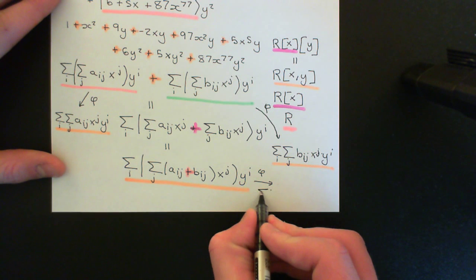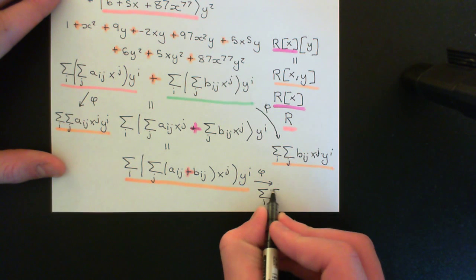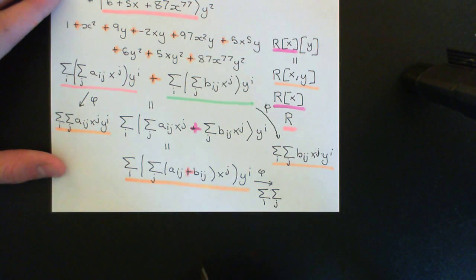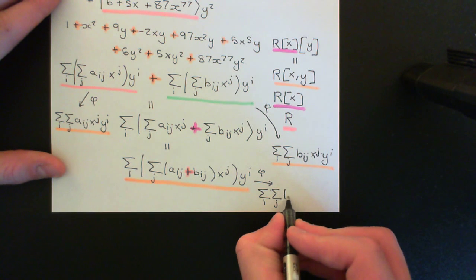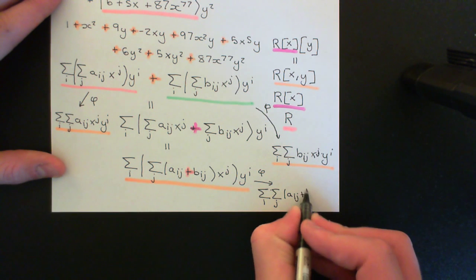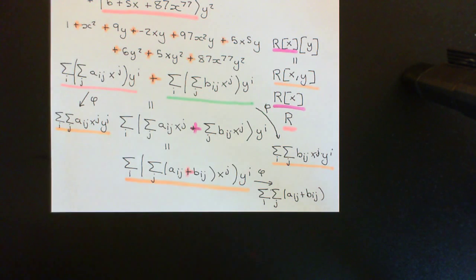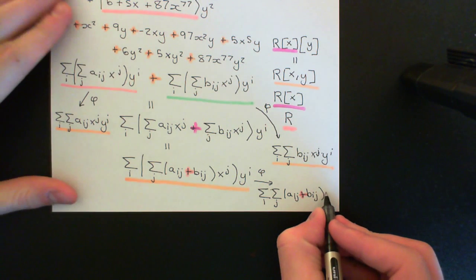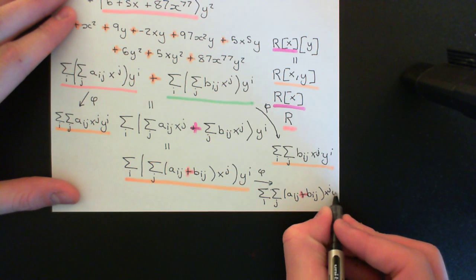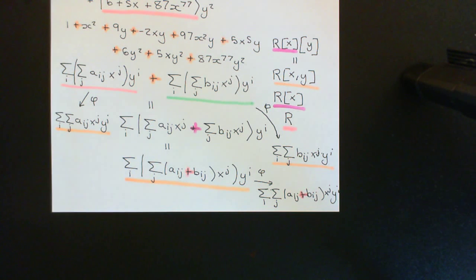So what we'll end up with is the sum over i, the sum over j, and then we'll end up with a_ij plus b_ij, where the addition is done in the ring capital R, and I'm sorry this is a little bit squashed into this corner, and then we just have it in front of x to the power of j, y to the power of i.